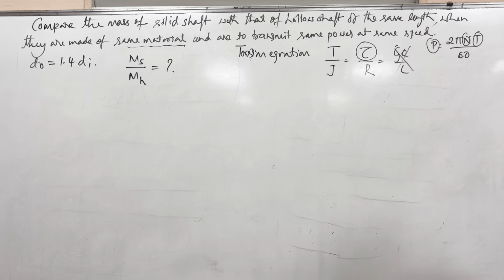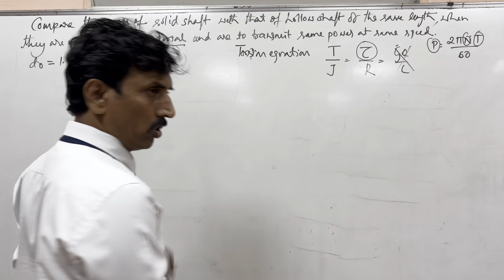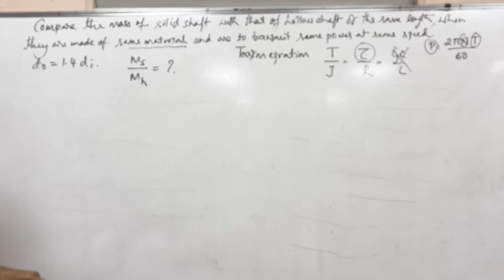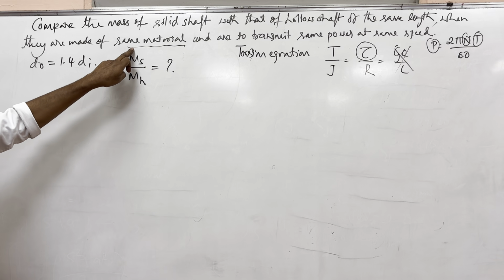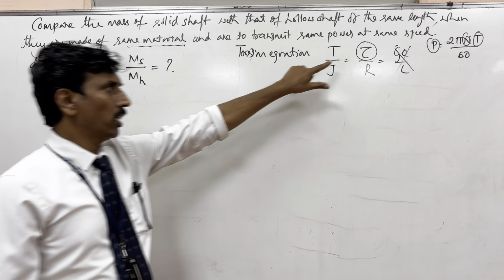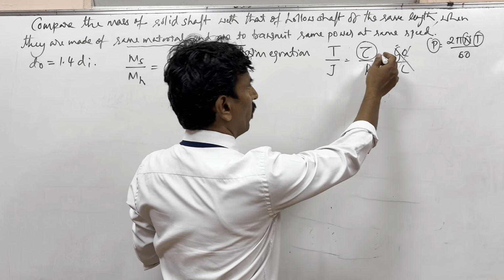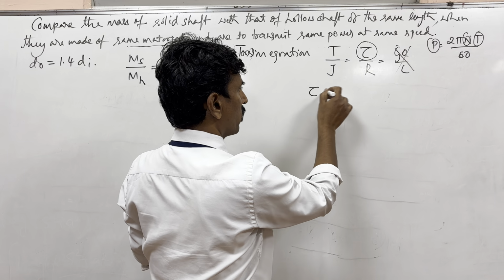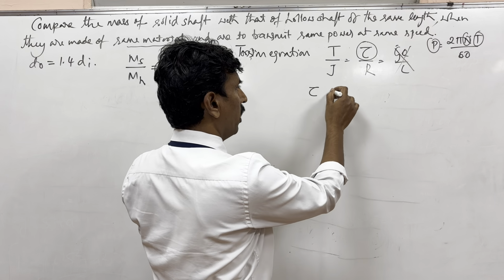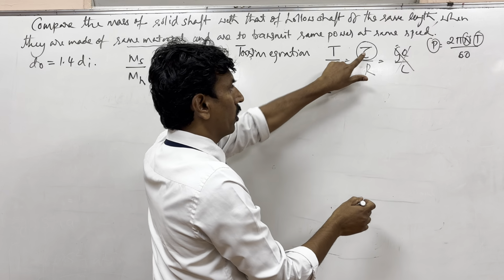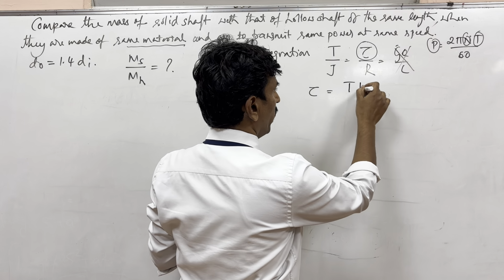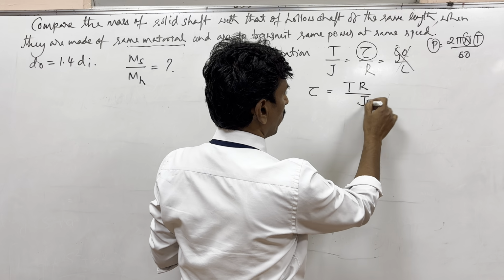Therefore we are supposed to find this Ms by Mh. Before that, we need to understand that since they are made of the same material, let us make an equation and shift it. The shear stress tau is equal to T into R divided by Jp.